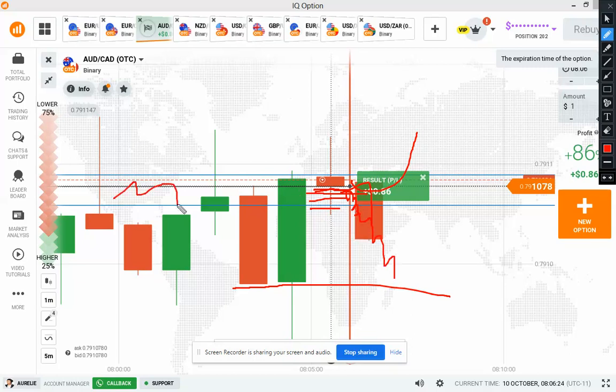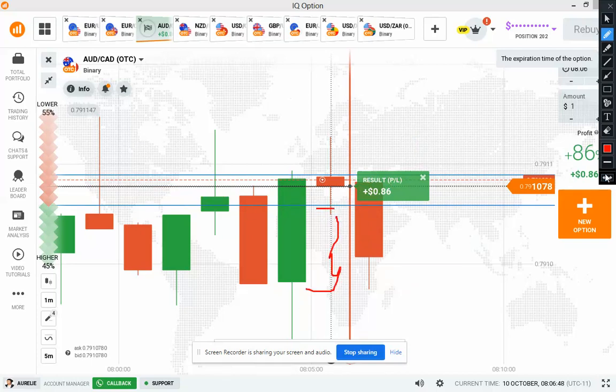But if this level is acting as a strong level for the sellers, then you can decide to go with sellers if the price is inside the zone. But I'm not sure. There have been multiple rejections from this zone, so I'm not sure if the zone is still strong enough. If I'm the one, I'm not taking any trade again. I'll only wait until the price is below, then I'll decide to go with sellers.